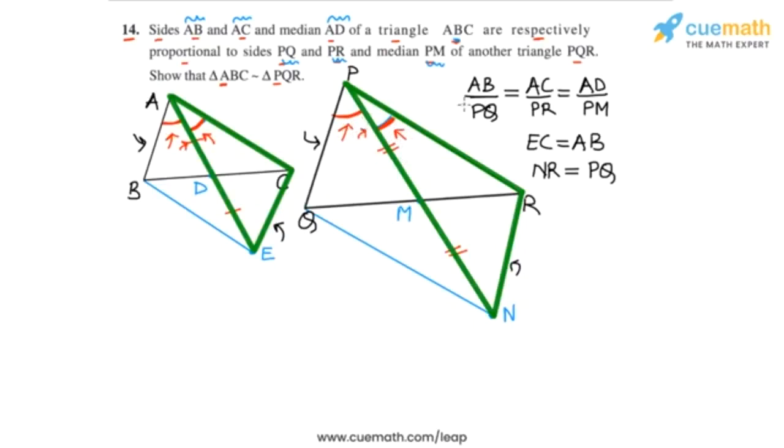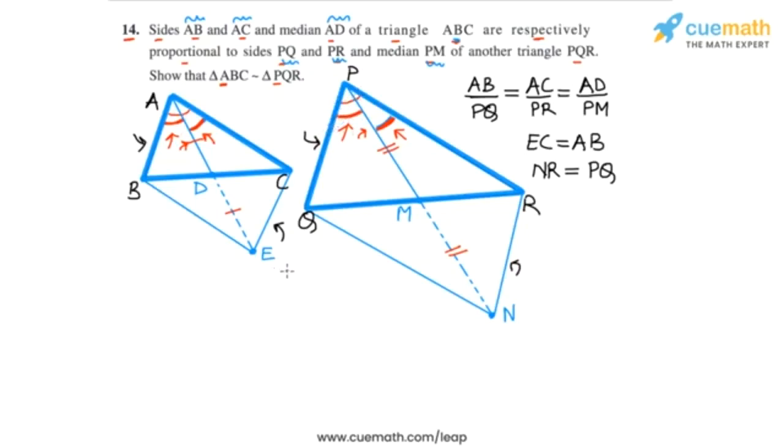So in the final step, if we then compare the triangles ABC and PQR, in these two triangles, we can use the fact that angle BAC, this whole angle, is equal to angle QPR, and also the sides containing these angles are proportional.